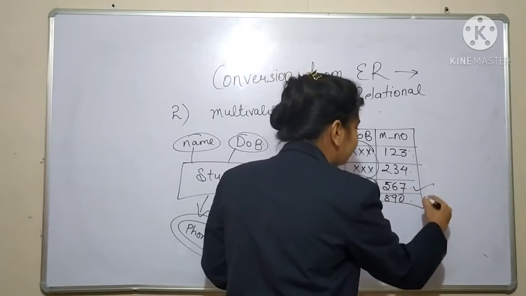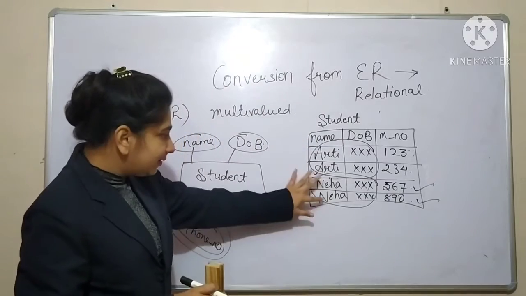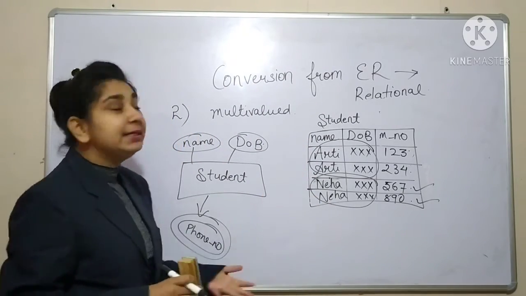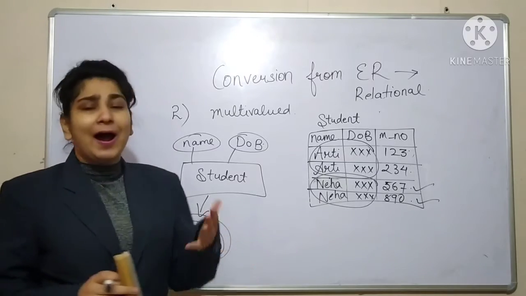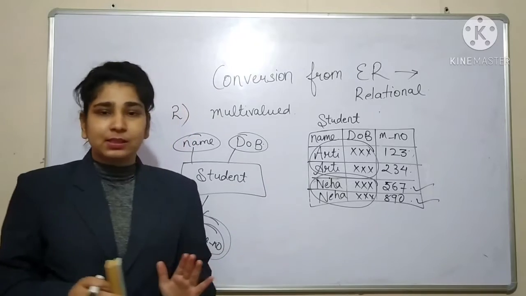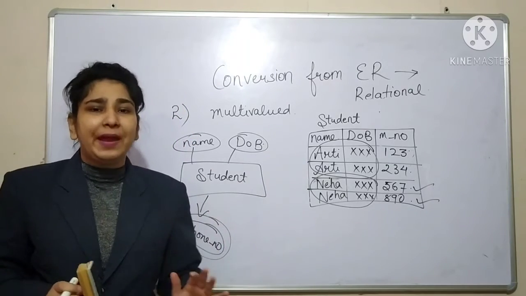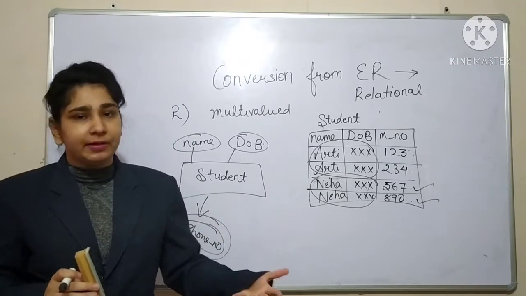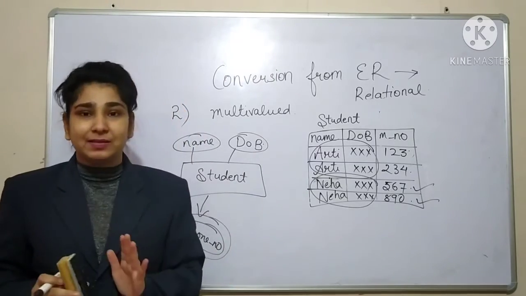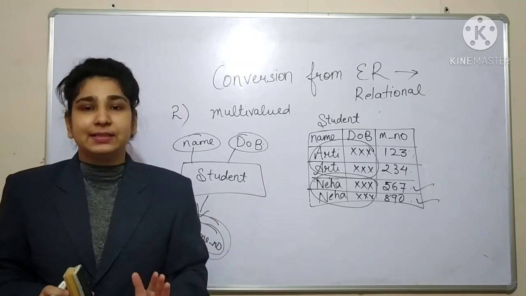Only the mobile numbers are different, but the remaining values are duplicated or redundant. So if you are going to store the information like this, lots of space is going to be wasted. You are just wasting lots of space for redundancy.